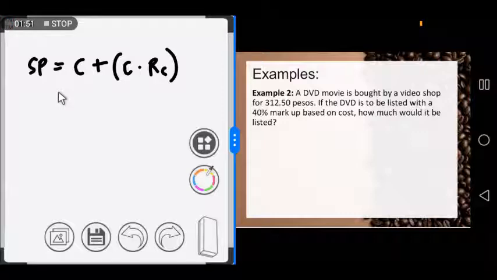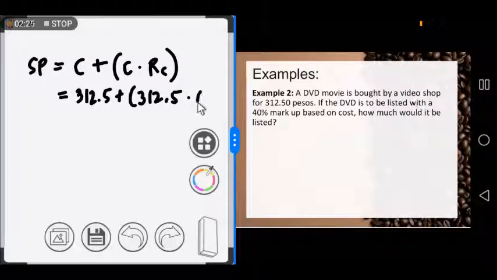So, multiplying 312.50 times 0.4, we have 125. Sorry, we should have substituted first. So, the cost is 312.5 plus 312.5 times 0.4.